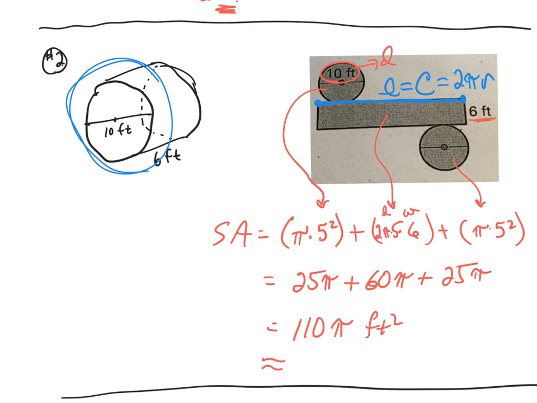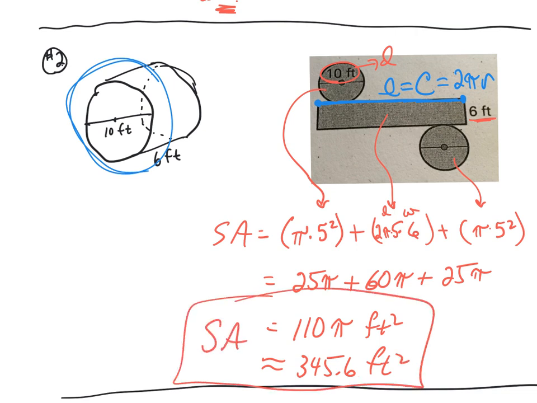Or if you'd rather approximate it on your calculator, 110 times pi gets me about 345.6. And both of those answers, whichever you choose, the exact or the approximate, would be measured in square feet.